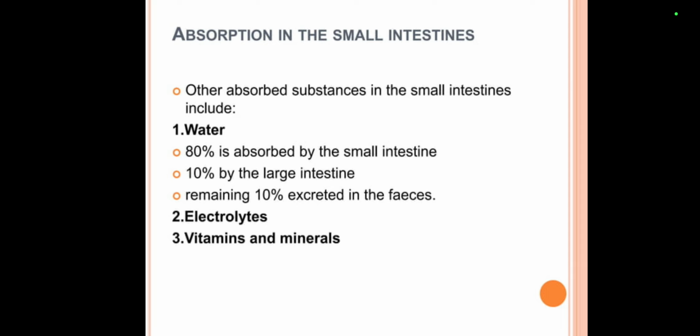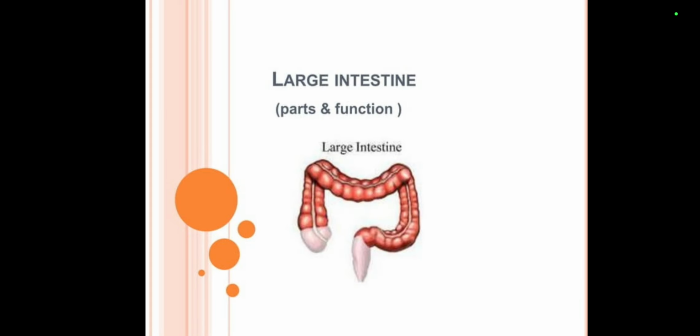We also have electrolytes, vitamins, and minerals. So it's not only the macromolecules and nutrients that are absorbed, but also water and minerals. Okay, let's move now to the large intestine.